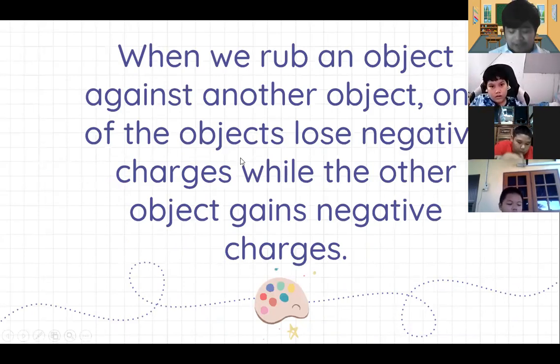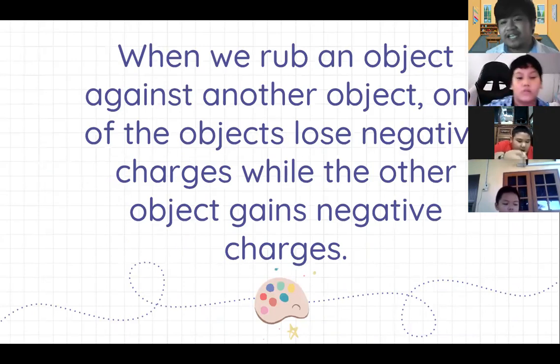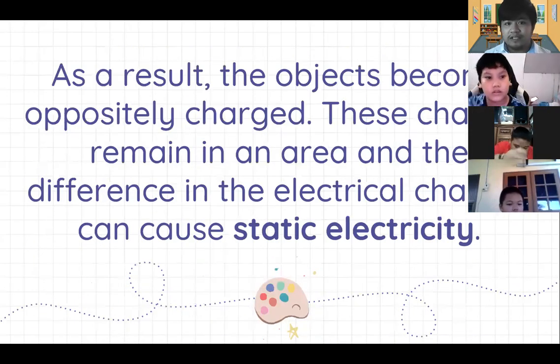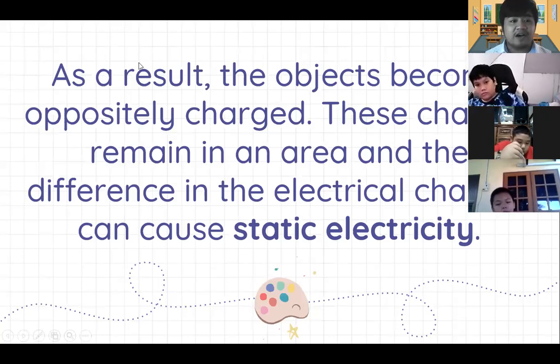When you rub a balloon on your clothes, it will create static electricity, okay? So as a result, the objects become oppositely charged. These charges remain in an area, and the difference in the electrical charges can cause static electricity.